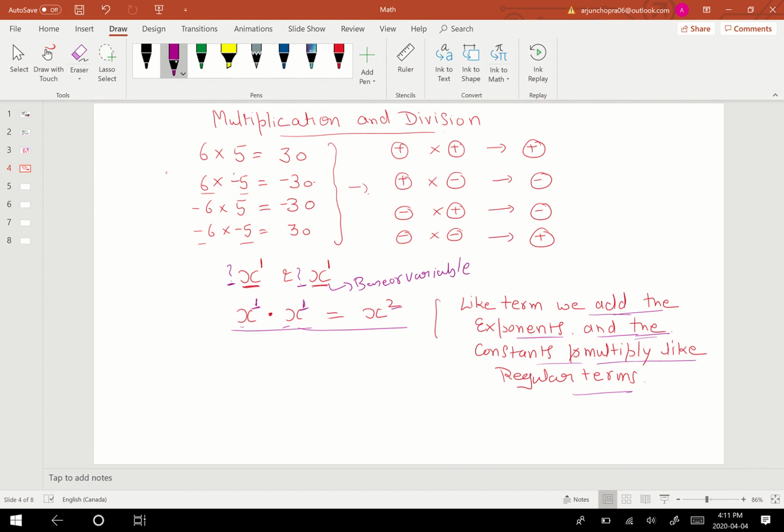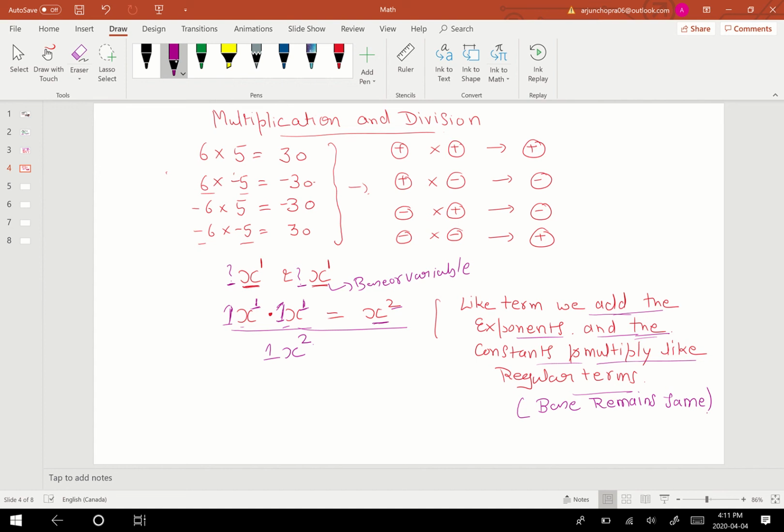If there is nothing, again it means there is 1 in front. So 1 times 1 is 1, and then the base remains the same and the exponents add up. So this is the rule.